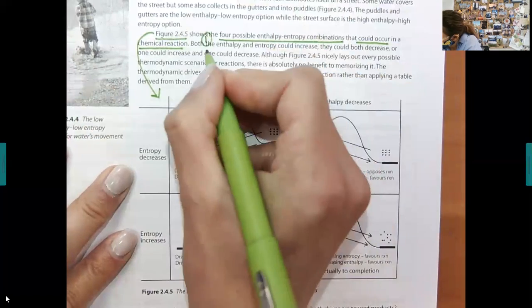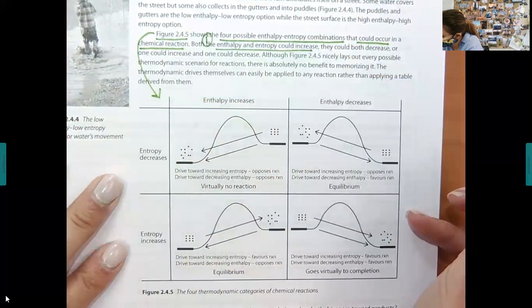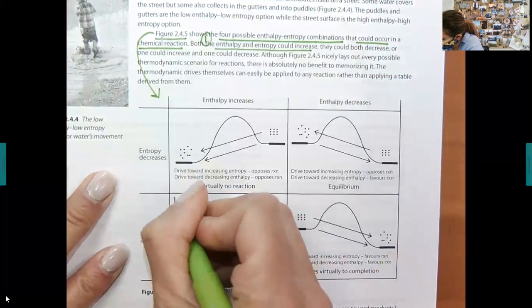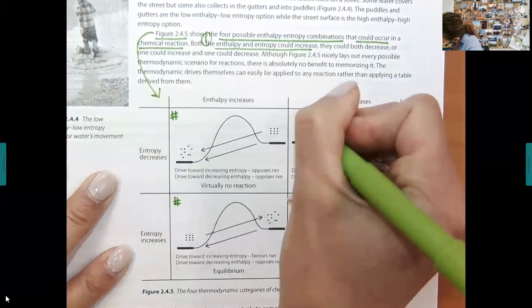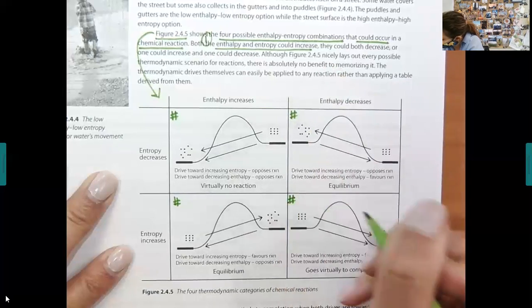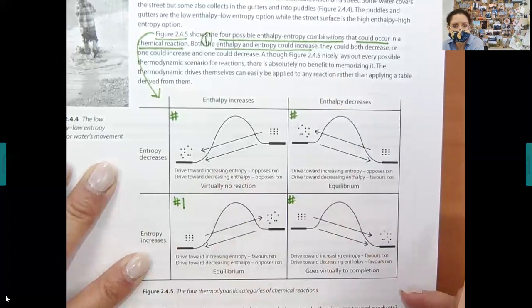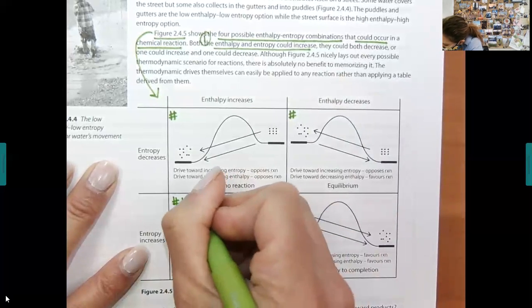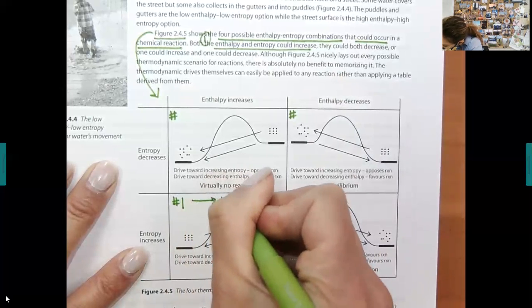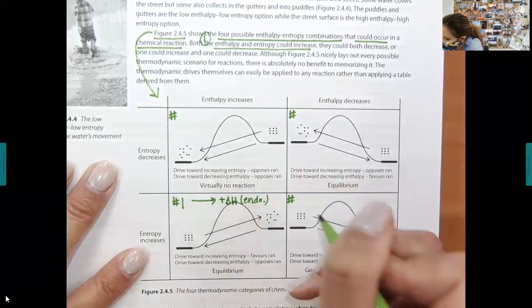Number 1, the enthalpy and entropy could both increase. So that would be, I'm going to put numbers in these boxes. So this is number 1 here. And you'll notice that as you're going in this direction, this is a positive enthalpy because that's an endothermic direction, okay?